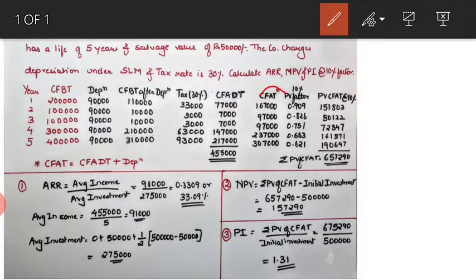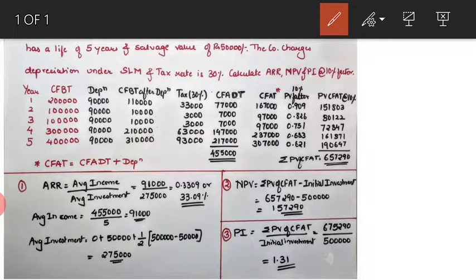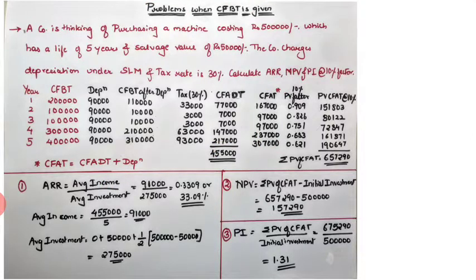We cannot consider CFBT for ARR. We have to consider cash flows after depreciation and tax, that is, before adding back depreciation. Whatever cash flows we get, that has to be considered for calculation of average income in ARR.